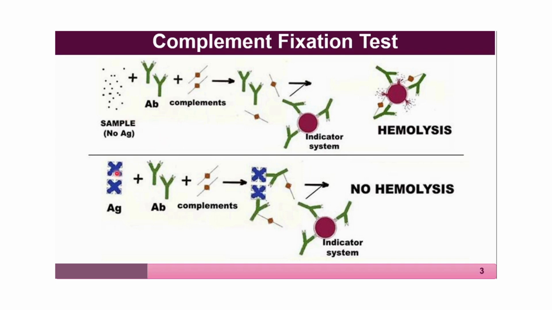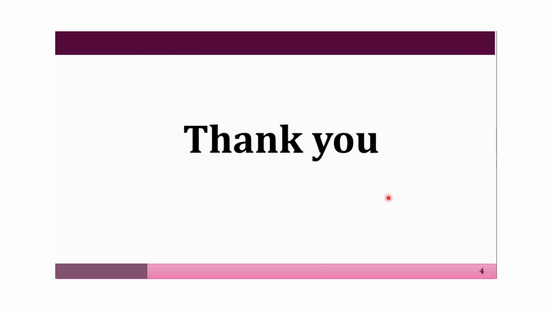If the test sample is positive, means it contains the antigen or the antibody, the sheep RBC will remain intact and there will be no hemolysis. It's a very simple test to detect the antigen-antibody complex. Thank you.